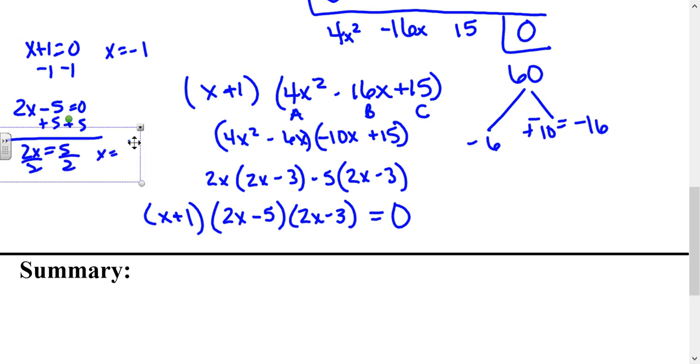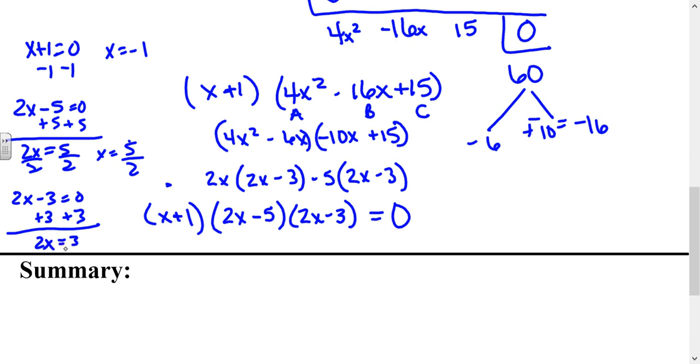So x equals 5/2. And then I would have 2x minus 3 equals 0, so I would add 3 to both sides. So I get 2x equals 3, divide by 2. So x equals 3/2. So there's your 3 answers right there.